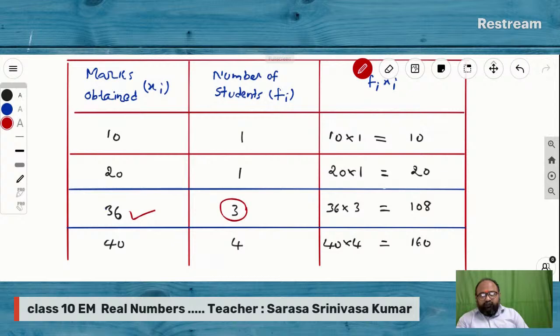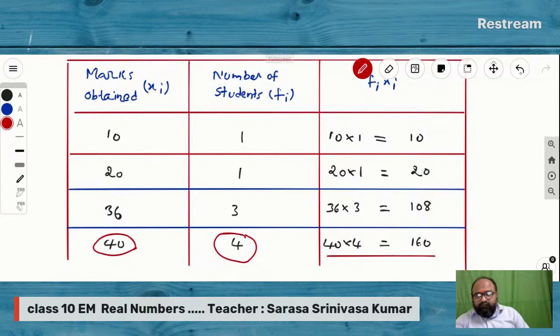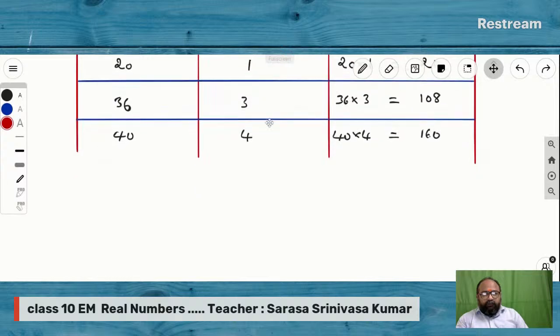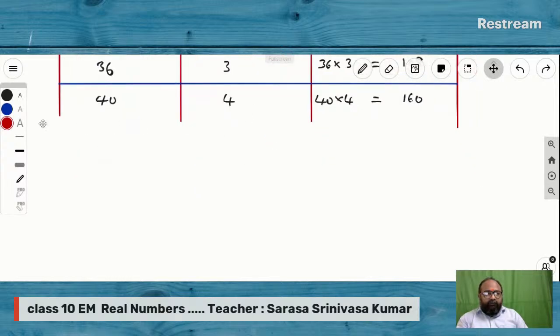So we multiply 36 by 3 equal to 108. In the next step, 40 marks are obtained by 4 students. So total marks equal to 40 multiplied by 4 equal to 160. So this is how we calculate the table. Once you understand how to calculate the table, statistics becomes very easy.